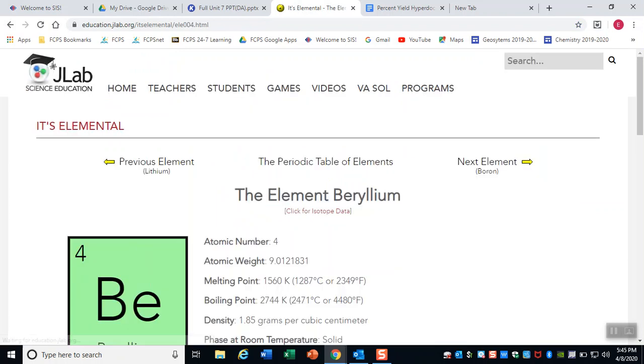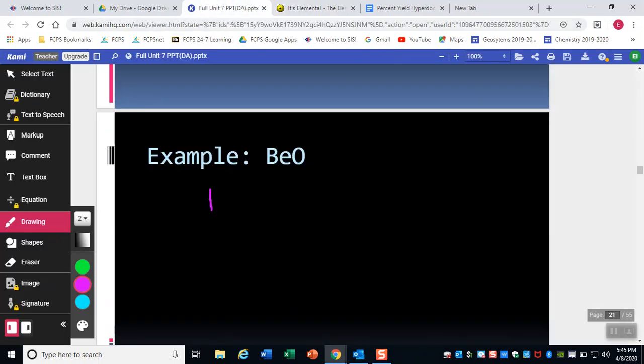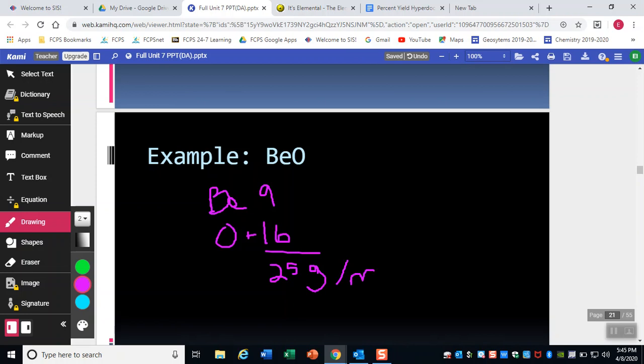And beryllium is 9 grams and oxygen is 16. I have one of each, so I'll just add those together and I get 25, and that would be grams per mole.